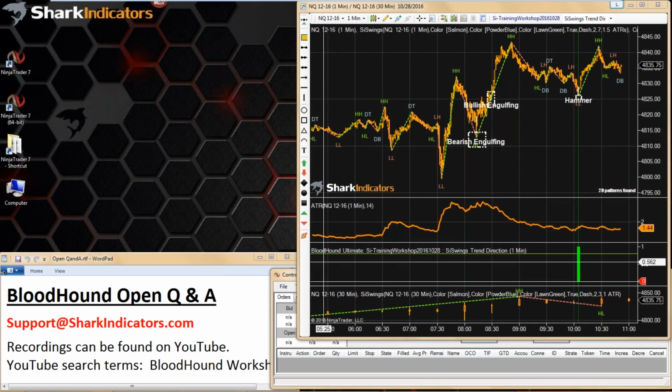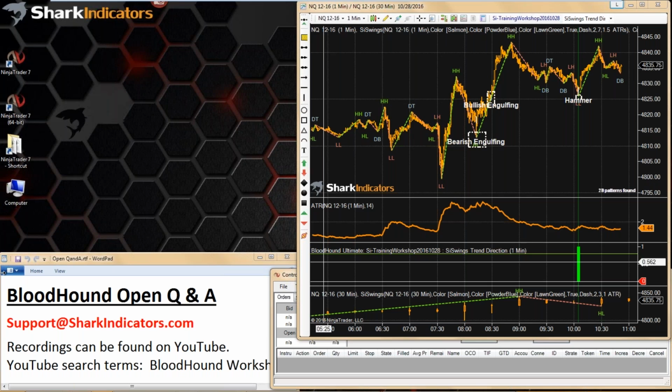All right, I think I understand Thomas's first one. It's a question related to the signal blocker. Thomas only wants to allow one trade per direction before the signal blocker gets reset.